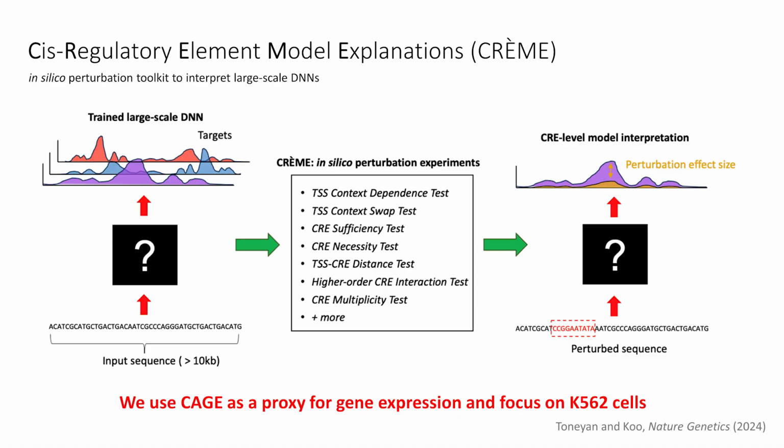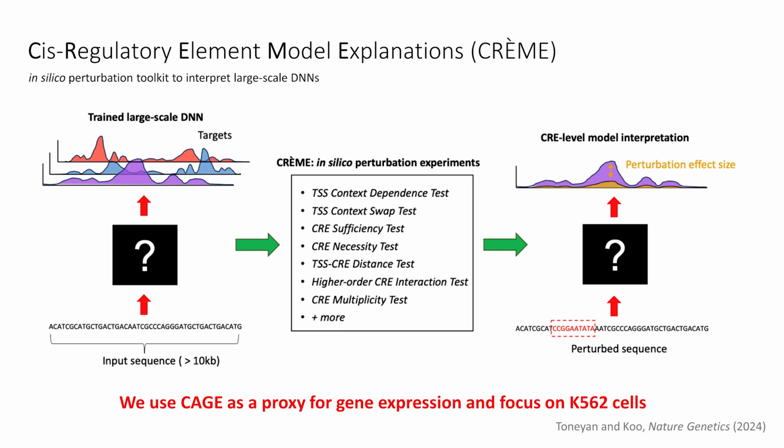At a very high level, we had sequences of interest centered at the TSS with high predicted activity, and then we could do a systematic evaluation of how important specific large tiles of input sequence are for the model predictions. We used CAGE as a proxy for gene expression and focused on the K562 cell line specifically.